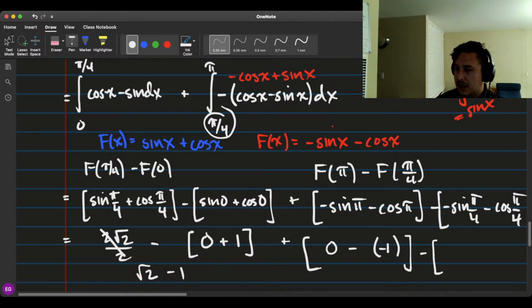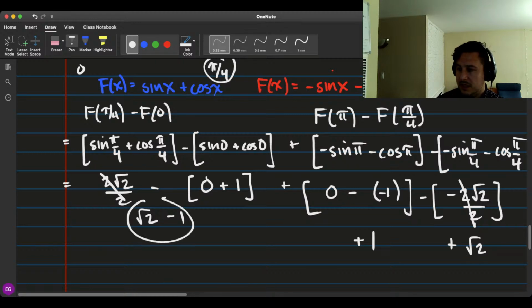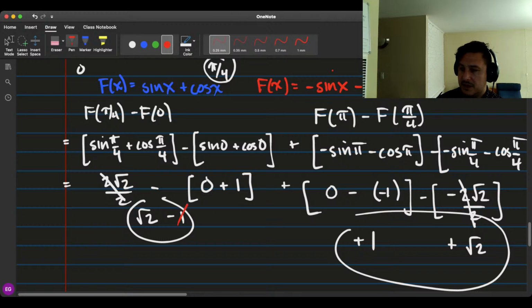And then here you're going to have minus 2 root 2 over 2. Those 2's will cancel and the 2 minuses will become plus. So you're going to get plus root 2. The minus and the minus for this negative 1 will be plus 1. And then you have to put these two numbers together. The negative 1 and the positive 1 will cancel. And you get 2 root 2.